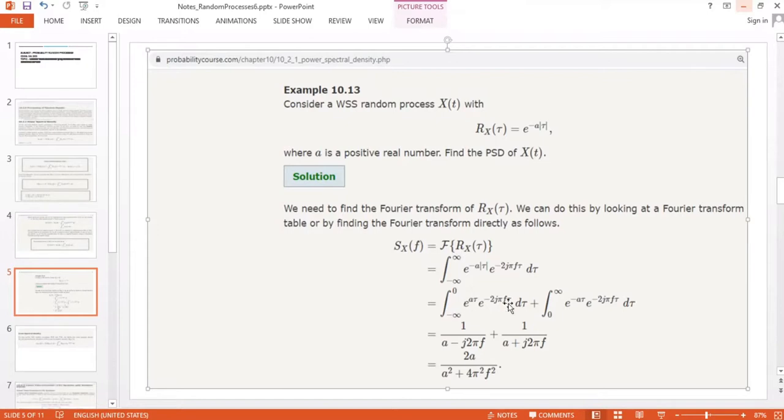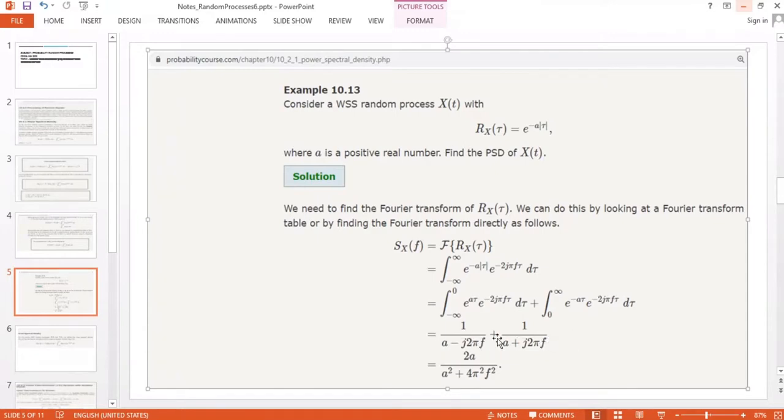And then we assemble the power of e here: e raised to power a tau minus 2j pi f tau. Here also e raised to power minus a tau minus 2j pi f tau, d tau. And then you know the integration of this is equal to this one, and after substituting the lower and upper limits, you will get this result.